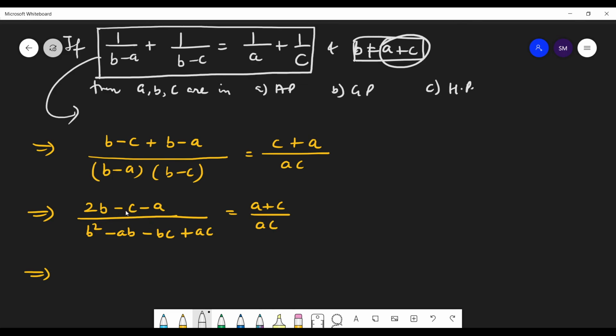So if you can get a plus c together, that will be a good thing. So pure algebra.